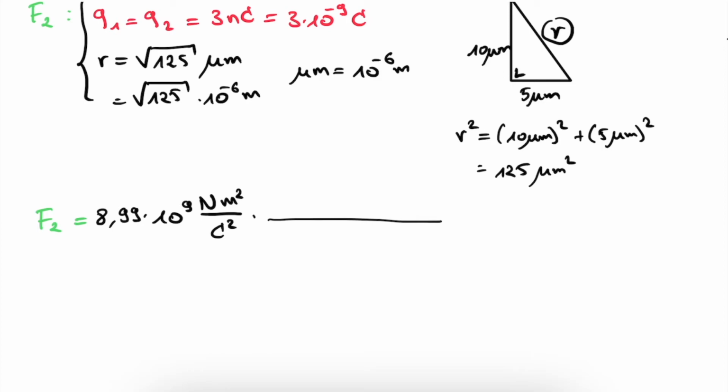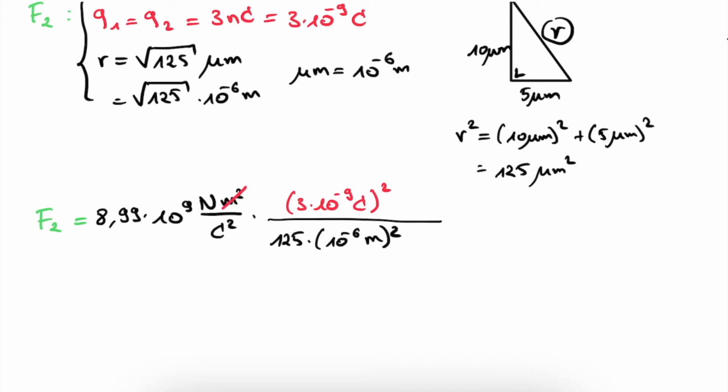However, because we know that Q1 and Q2 are equal to each other in this case, we simply get 3 times 10 to the power of minus 9 Coulomb squared. In the denominator, we have r squared. And for r squared, we of course have 125 times 10 to the power of minus 6 meter squared, where we already squared this square root of 125.